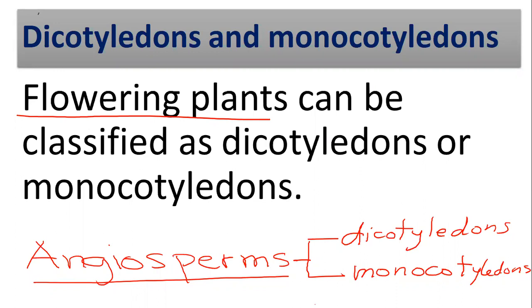We will focus on the flowering plants, and flowering plants can now be classified as dicotyledons or monocotyledons. Are you done writing? Yes. Dicotyledons and monocotyledons, that one is very important.